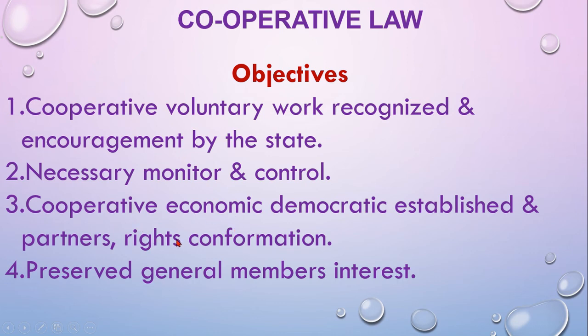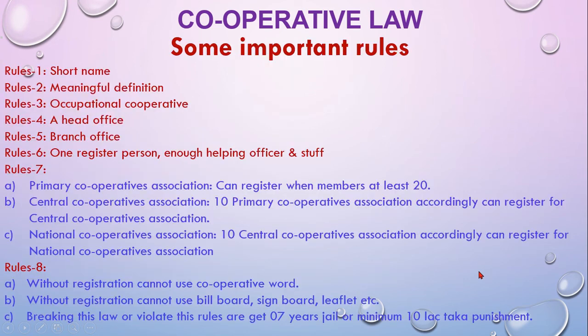This is another objective of the cooperative law. And the last one is preserve general members' interest, and you can say some other objectives as well. So general rights of the members, equal profit. This is for the proper monitoring of the cooperative law.